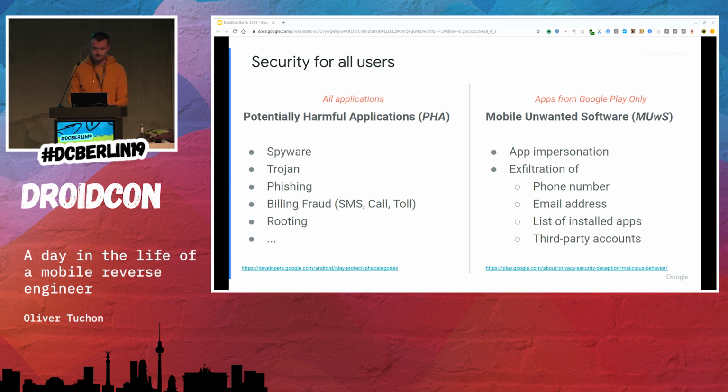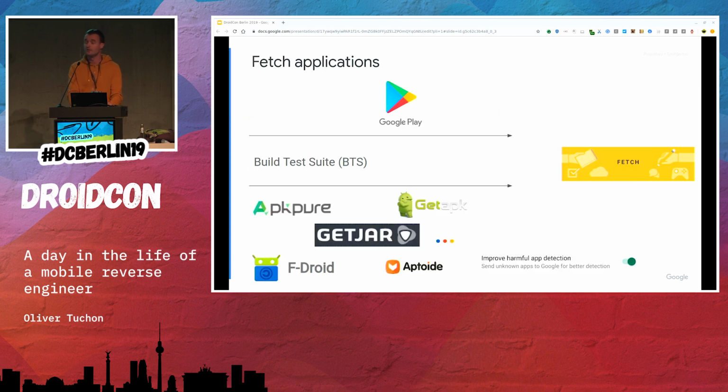As I told you before, the first step of a reverse engineer is to get the application. At Google, we have three ways to fetch applications. The first one, the simple one, is Google Play. Google Play Store is our main database. We have access to all applications published in our store. The second one is quite new.